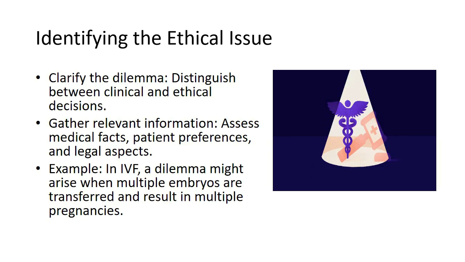Example: when faced with the decision of whether to transfer multiple embryos during IVF, a clinician should assess the medical risks, e.g., increased chances of multiple pregnancies, the patient's preferences, and the success rates.